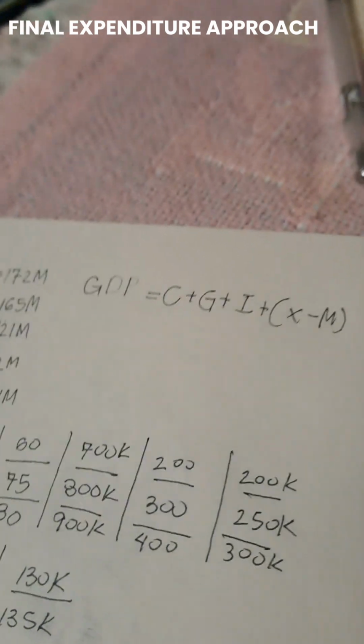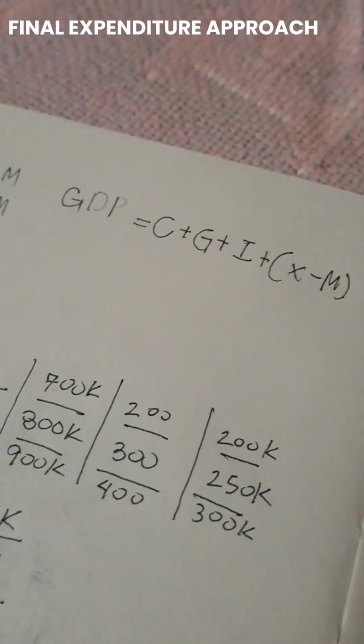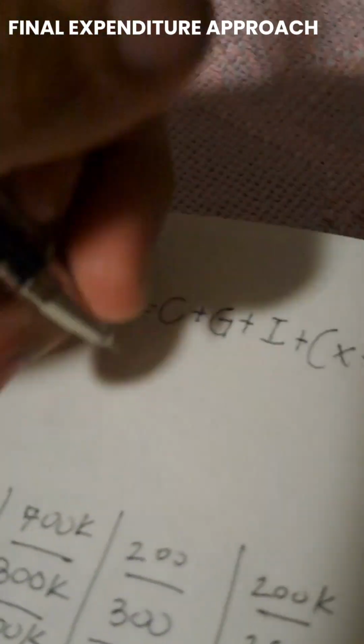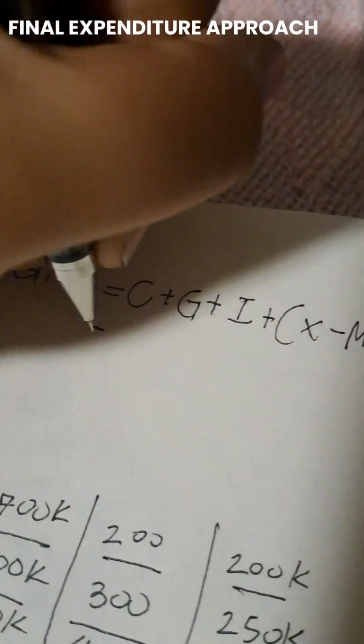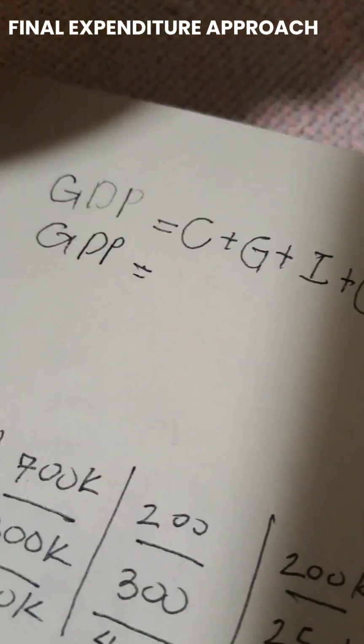Now, it's pretty simple what you do next. You're just going to replace the different variables with the corresponding numbers. So first, don't forget to write GDP. Again, don't forget to do that.